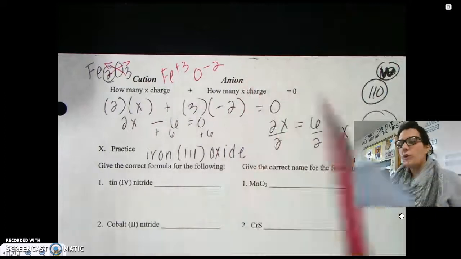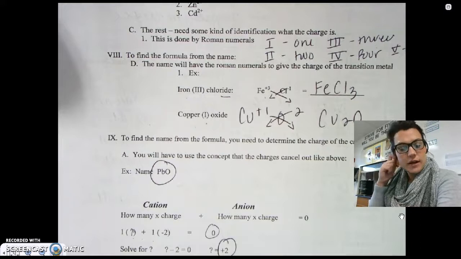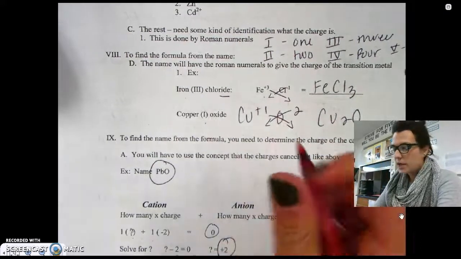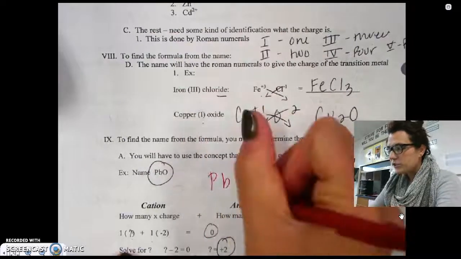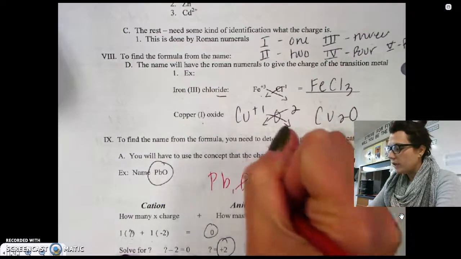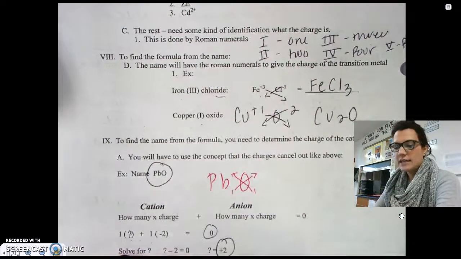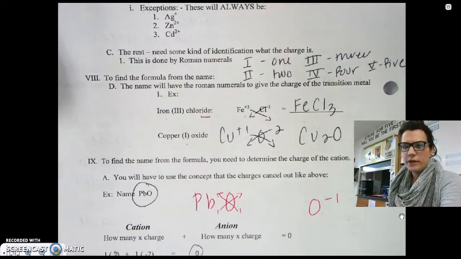Okay? Now we need to be careful though when we do that, if you're going to use that as a way to solve these problems. For this example, so if I write this out bigger, there's no subscripts here which indicate 1 and 1. So if I uncrisscross here, I need to ask myself, is oxygen's charge -1?